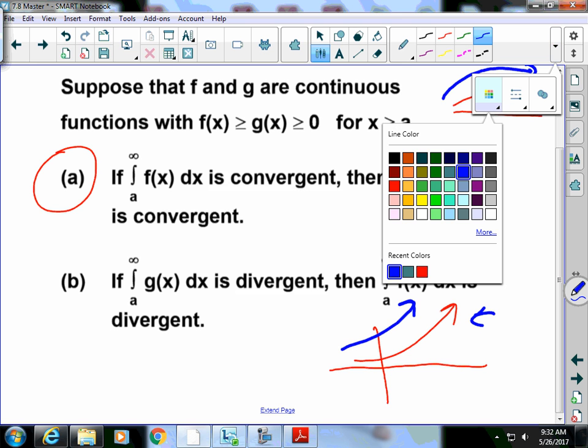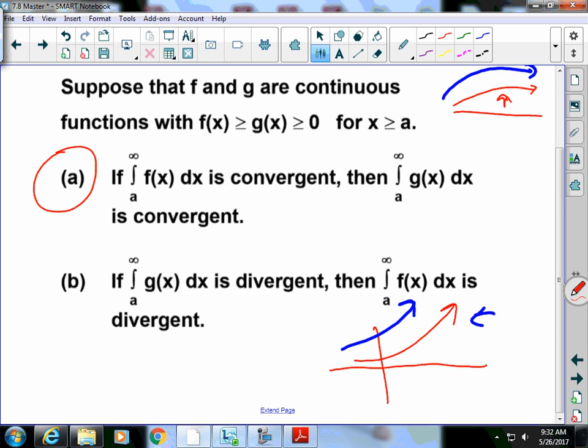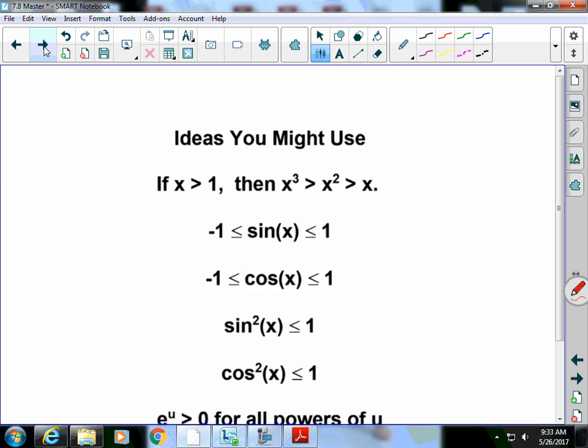So again, I have a bottom, and that red function is going to go through me if I converge, and I can't converge then. I have to diverge because the red one is smaller than me all the time. I can't have it ever be larger than me. So it will diverge. So we're going to use this concept to do things.